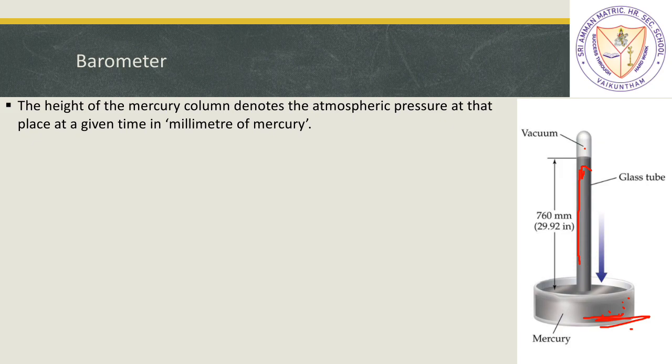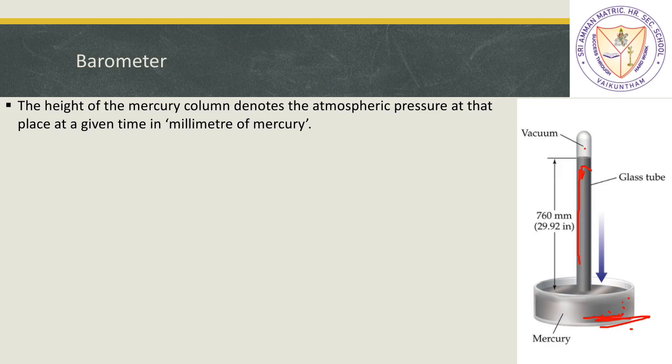We talked about the sea level, so that will be the atmospheric pressure at the sea level at that time. This pressure may change due to the atmospheric condition. So at that time we are talking about the atmospheric pressure which will be given by the height of the mercury, or we call it the mercury column.